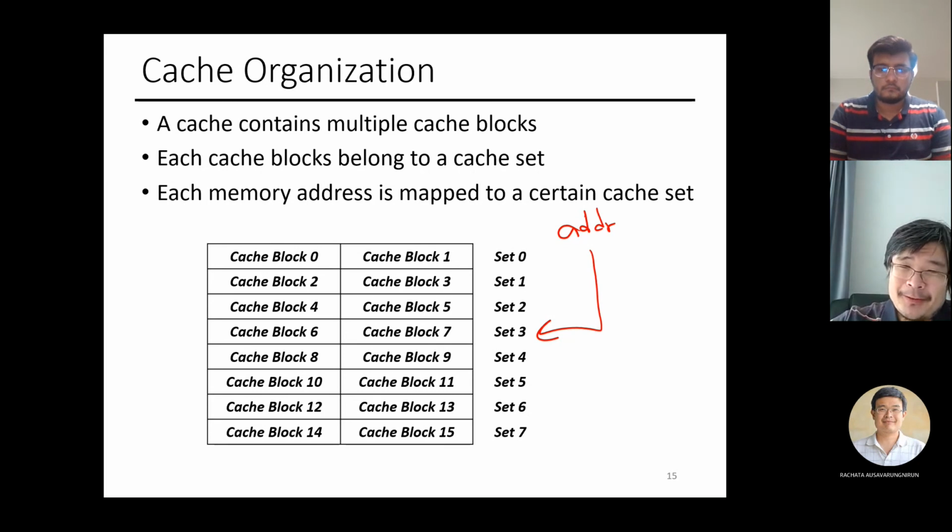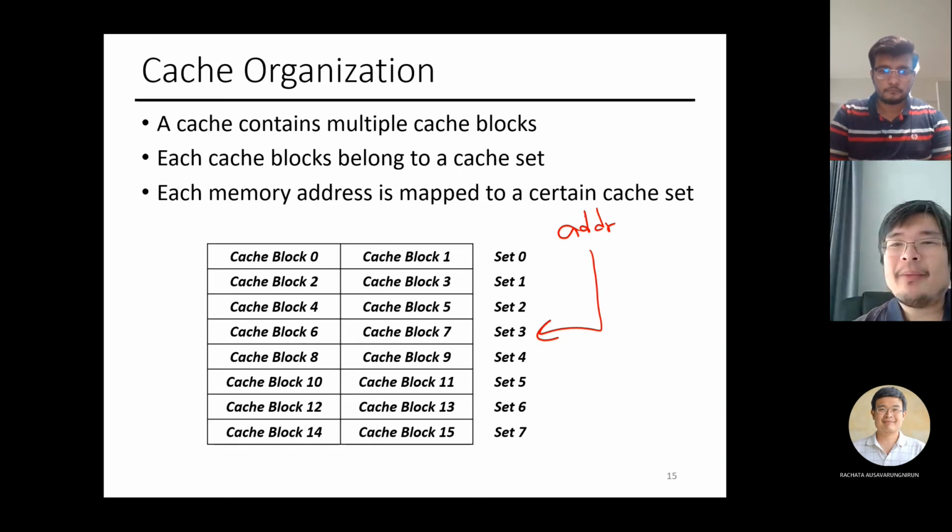So if you want to search for a student, do you search every classroom? No, right? Because you know that, hey, student A is going to be in classroom number 3 from the address. So you don't search every room. You go to room number 3 and say, hey, where's the student? I'll use the tag to search inside set number 3. The same concept applies for the cache.